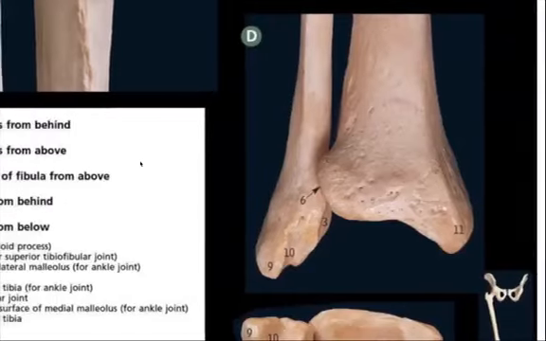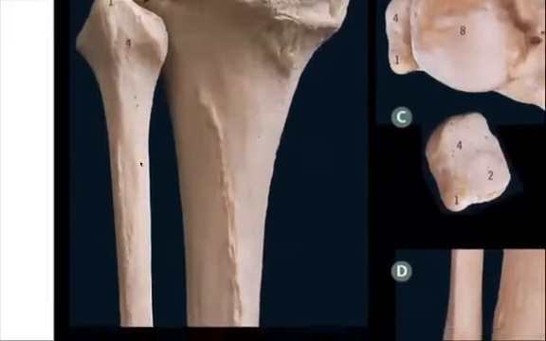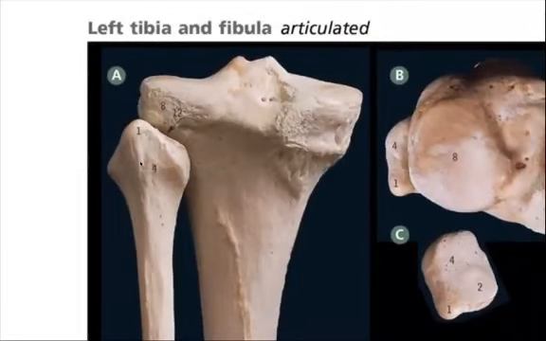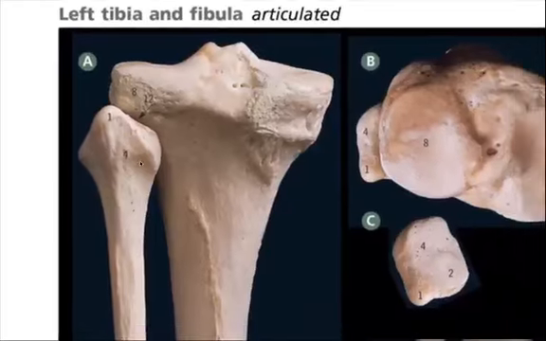Okay. About this picture, you are seeing the tibia and fibula articulated, right? As we know, the fibula will be on the lateral aspect, correct? So if they ask, what is number 12?